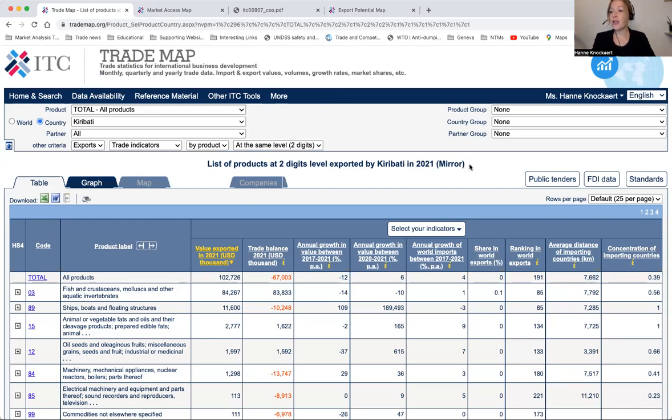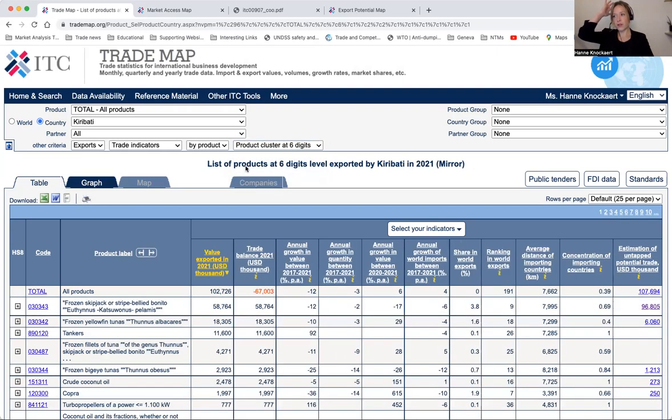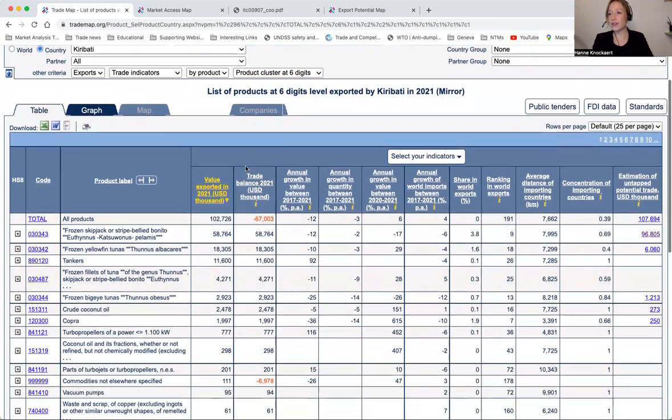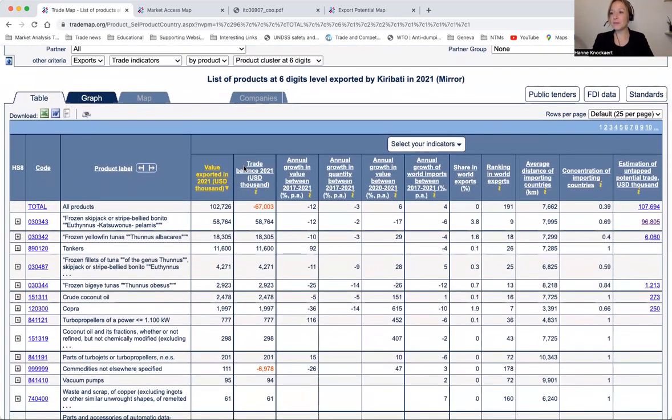So this data is constructed on the basis of partner countries of Kiribati, or a combination of reported data with the data reported by other countries. So I want to look at the exports trade indicators by product, but I want to look at the 6-digit level. So I click on the 6-digit and we get a more clearly defined list here.